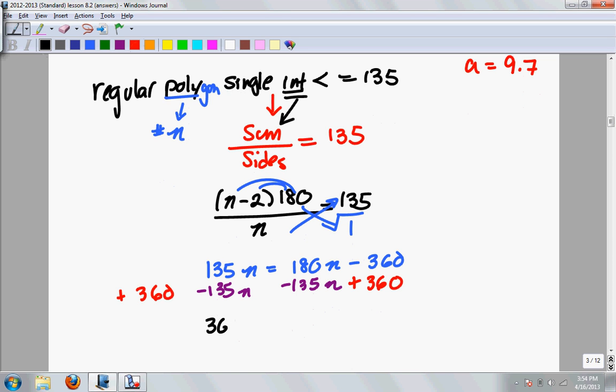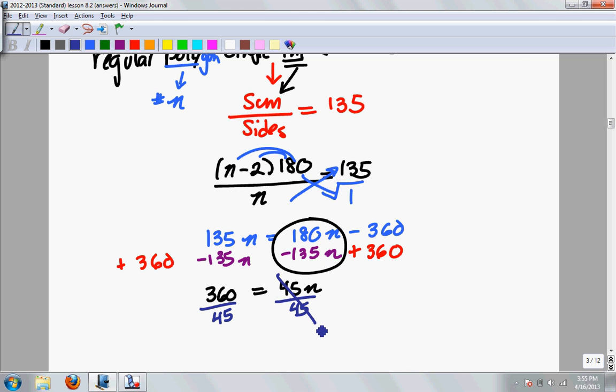So here I have 360 equals, now I have to subtract this and figure out what goes in here, and that's 45n, 180 minus 135. So now we're going to divide by 45. That cancels, and we get n equals 8.